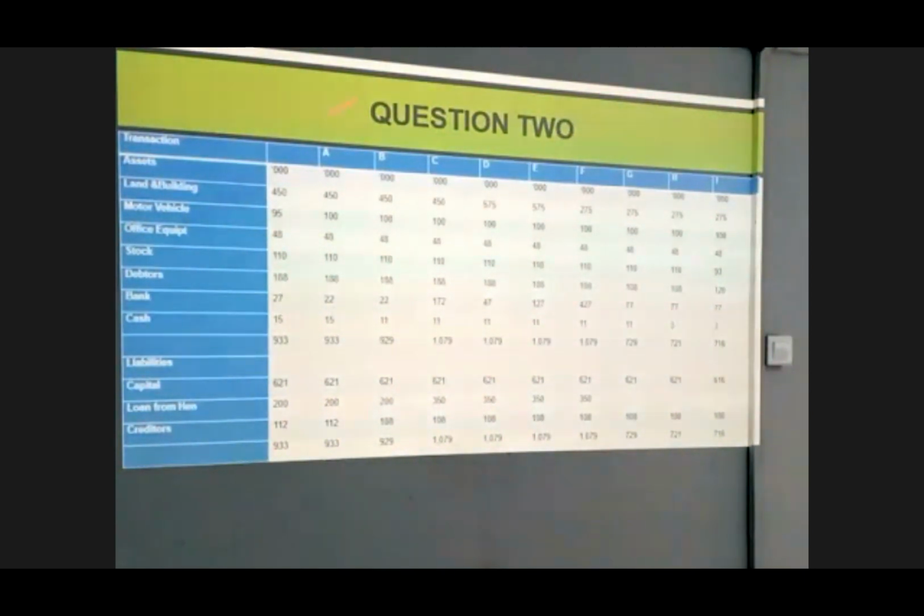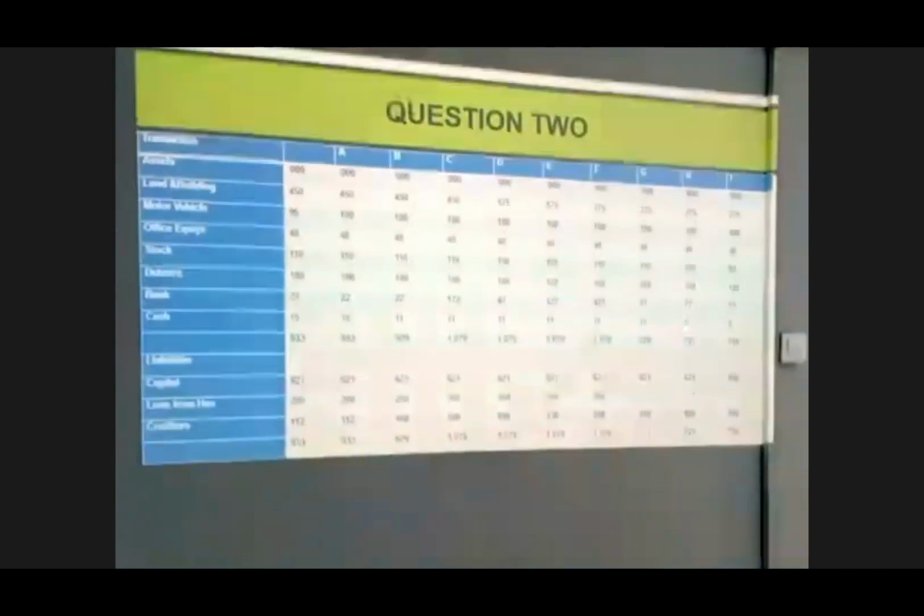Good. The next one is H. Any change in land and building? No. Motor vehicle? No. Office equipment? No. Stock? No. Receivables? No. Bank? Cash? Yes. What has happened? Has it gone up or reduced?